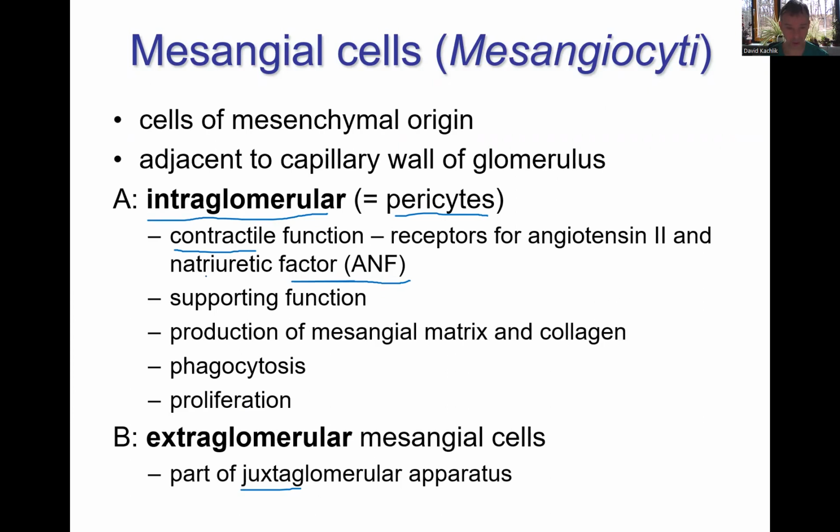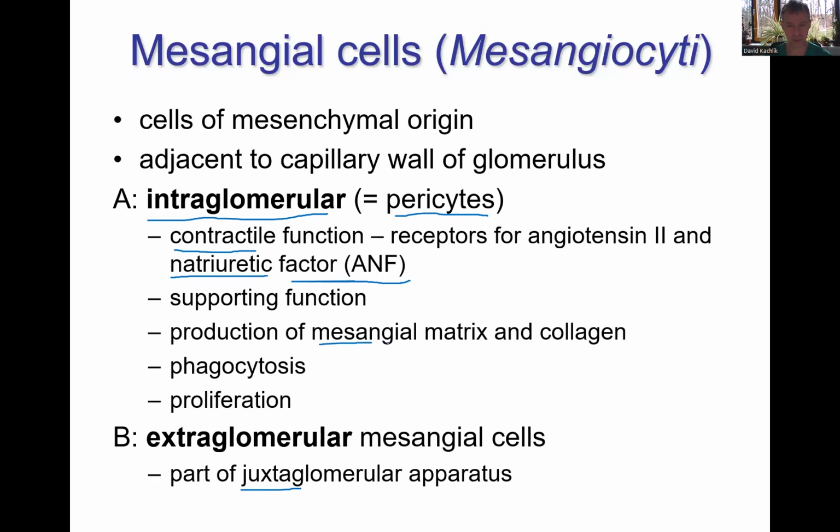Natriuretic means that the urine has more sodium content. So then, of course, you void more sodium, more fluid, and your blood pressure goes down. About angiotensin, I will talk later.